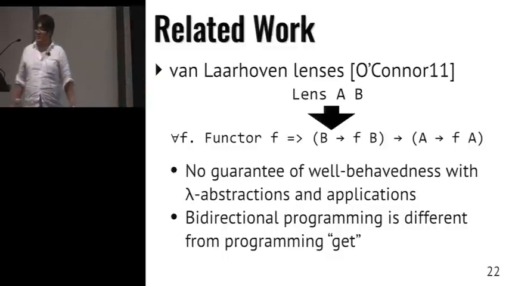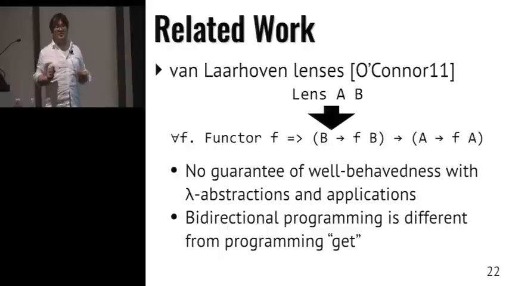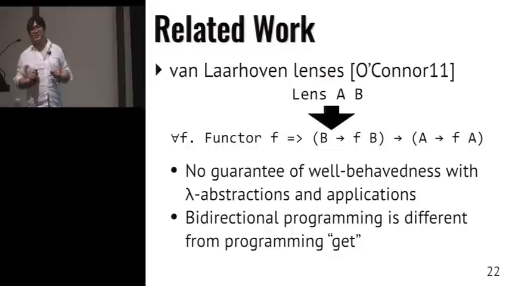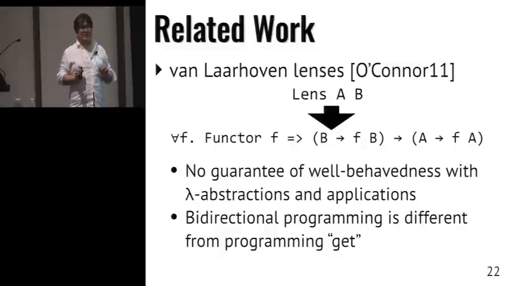However, there is no guarantee of well-behavedness in that framework, since we can use these functions as ordinary functions, with the free use of lambda abstractions and function application. Also, I want to mention that bidirectional programs in our framework sometimes look different from programs of get, especially when we use higher-order functions.